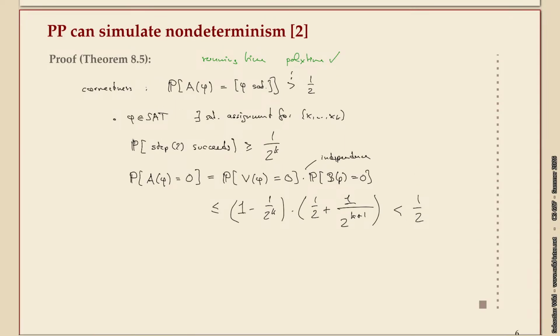So if the formula is satisfiable, we reject it with a probability less than 1/2. And the second case, luckily, is easy. If the formula is unsatisfiable, then the probability that our random assignment satisfies it is 0.